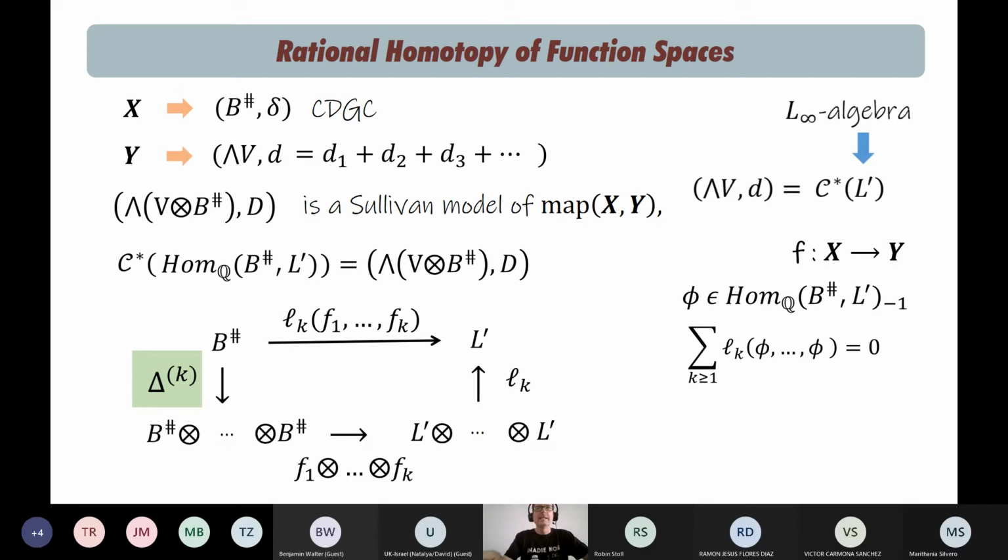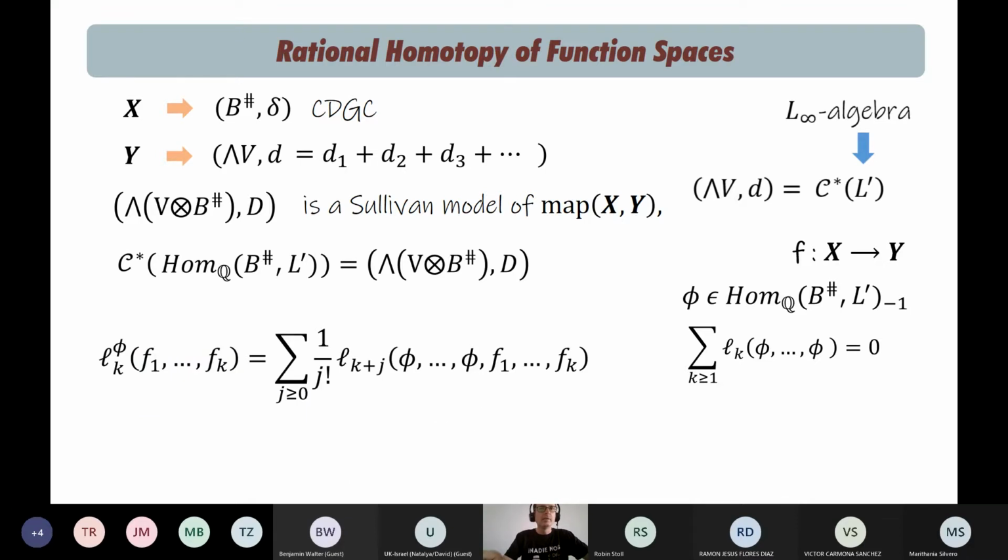So if we have a map, then this map gives rise to a Maurer-Cartan element, and we can perturb not only the differential, as in the case of the DGLs, but all the brackets in that way, where we have here the bracket with the Maurer-Cartan element.